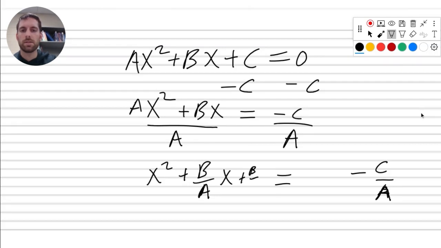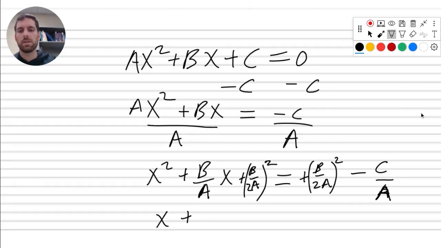I'm going to take this b over a term and divide by 2, because this is going to give me what's called a perfect square. I'm going to square that, and I'm going to add this on the other side as well, so I don't break any rules. And once I do that, I can factor this. So I notice I divide this b over a by 2, I square it, I can factor that as x plus b over 2a.